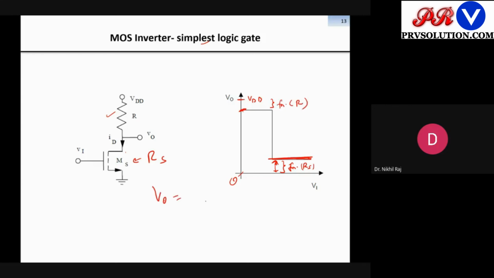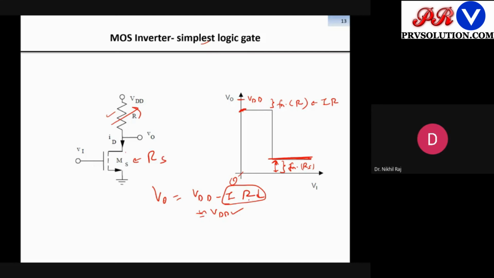That means V0 equals VDD minus I into R. This is nothing but the IR drop. If my R is very small, then I will get approximately the VDD voltage. So depending upon the R value, my output will change.